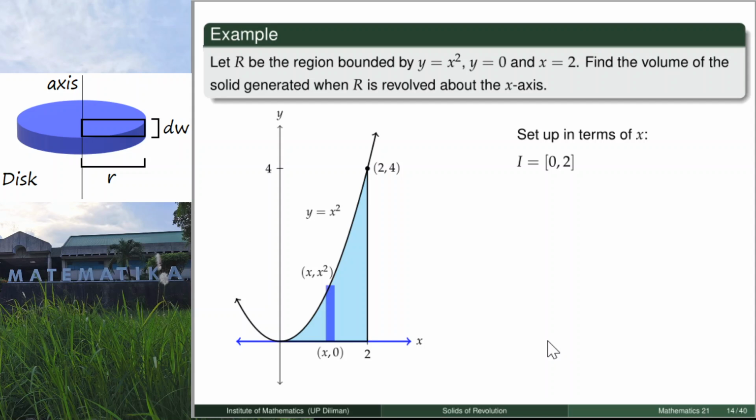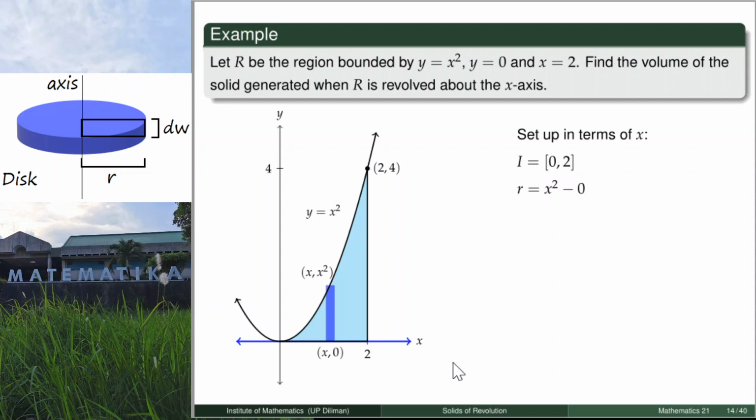And then next, remember the formula, we need the radius of the disc. So the radius is just the distance from the farther end of your rectangle going to the axis here. But this is vertical distance, so it's y up minus y down. So what is your y coordinate on top? That's x squared. Y down is y equals 0.